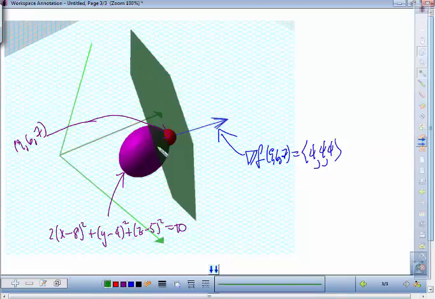And then we found our tangent plane. Those are all the components for this problem.